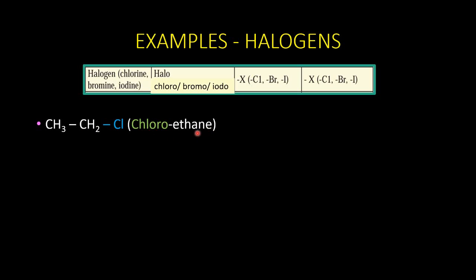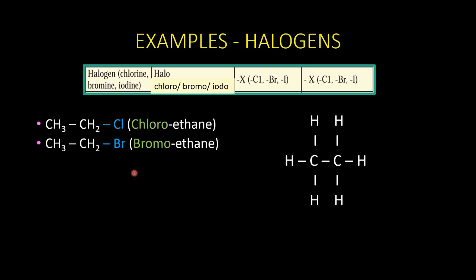So this is a condensed formula, and we can see an elaborate structure. This is the structure of ethane. You can see CH3, single bond CH3. So here one hydrogen is replaced by this halogen chlorine, and now this became chloroethane. Second, the chlorine can be bromine also.